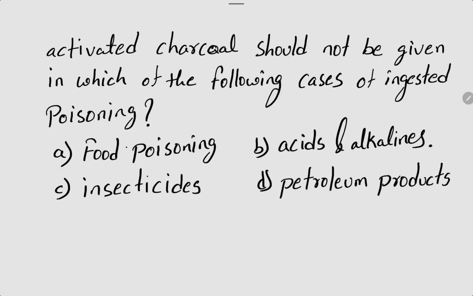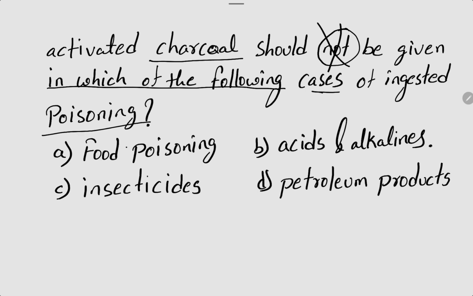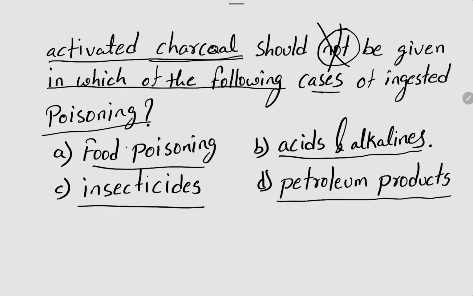The next question is activated charcoal. Always keep in mind when you are reading a question, if you get a question with the word not, please note it down. Activated charcoal should not be given in which of the following cases of ingested poisoning? Options are food poisoning, acids and alkalines, insecticides, petroleum products.